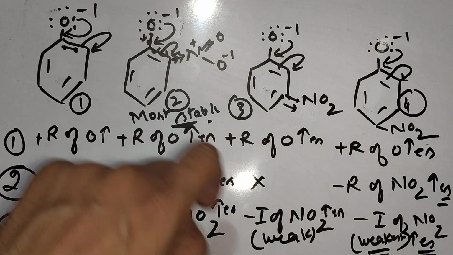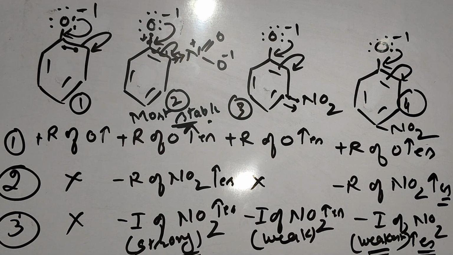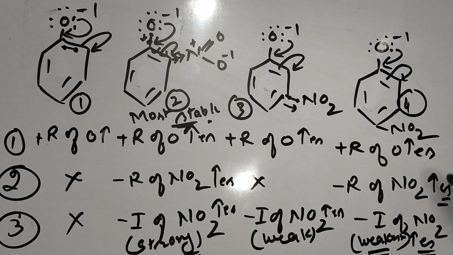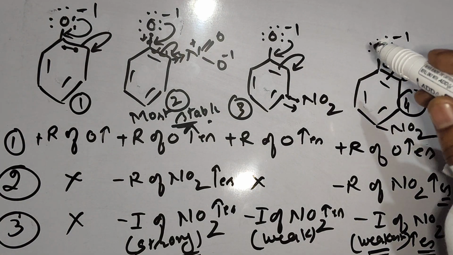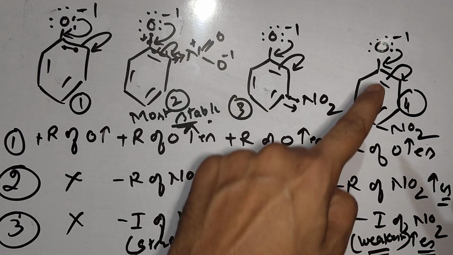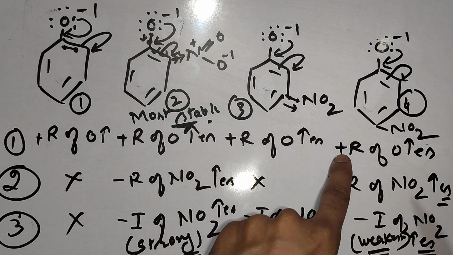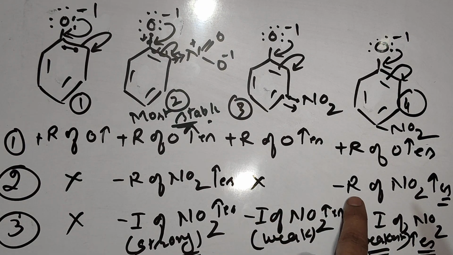Okay, so this is the most stable, and after the second, you can check, the fourth will be more stable. Check, because the negative charge of oxygen is getting decreased by three factors: plus R of O, minus R of NO2, and minus I of NO2.